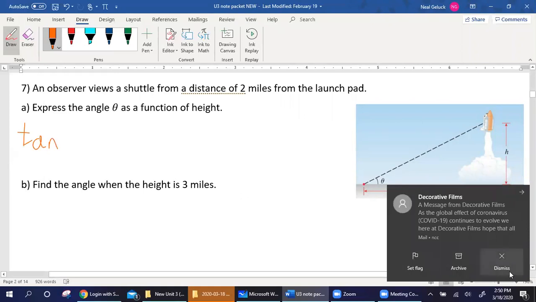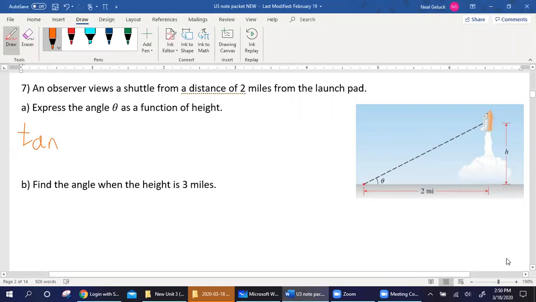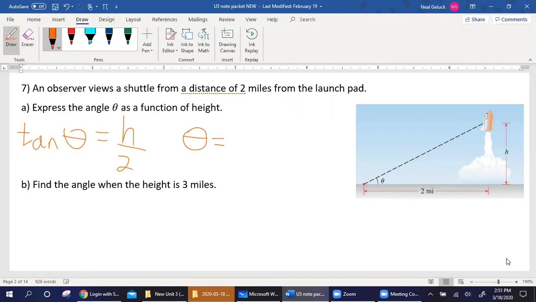So tangent of my angle, theta, is opposite, which is the height in this problem, over adjacent, which is 2. All letter A wants me to do is get theta by itself, which means it's going to be inverse tangent. So theta is the inverse tangent of the height over 2.